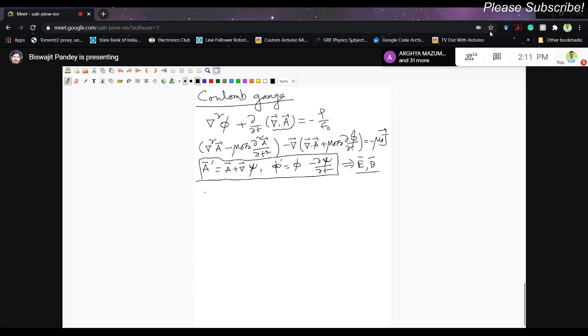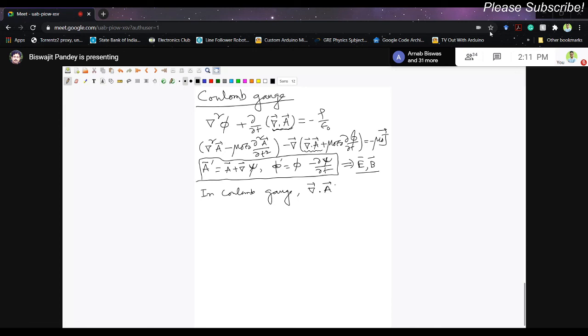So in Coulomb gauge, and why we are doing that, you can see divergence of A is here, divergence of A is also here. So maybe it can help us to reduce terms a little bit and simplify the situation further. So in Coulomb gauge, the chosen condition is this.